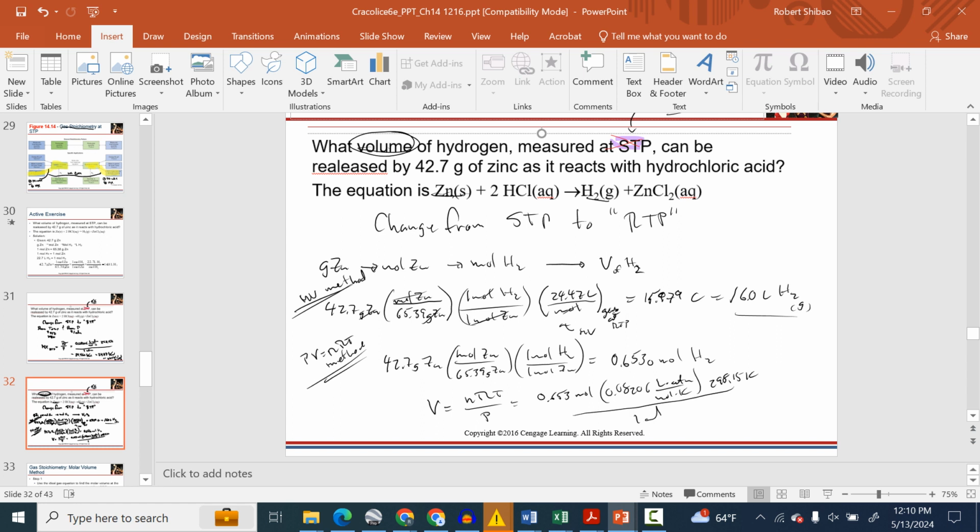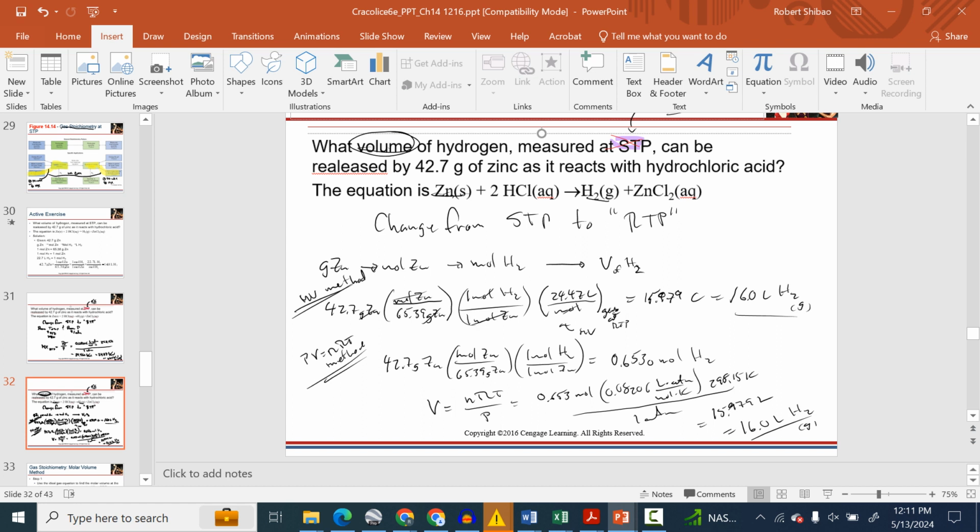And P is exactly 1 atmosphere, so infinite sig figs there. I will get 15.979 liters, which is going to be 16.0 liters of hydrogen gas. I get the same answer.